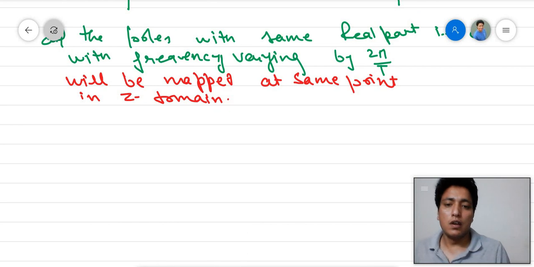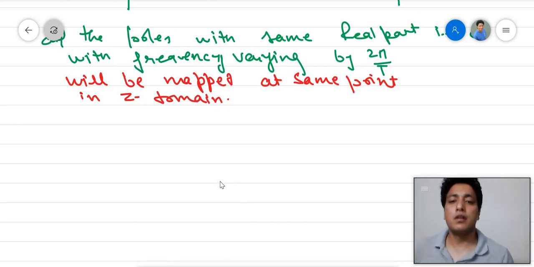So in the impulse invariant method, the mapping is many to one instead of one on one.